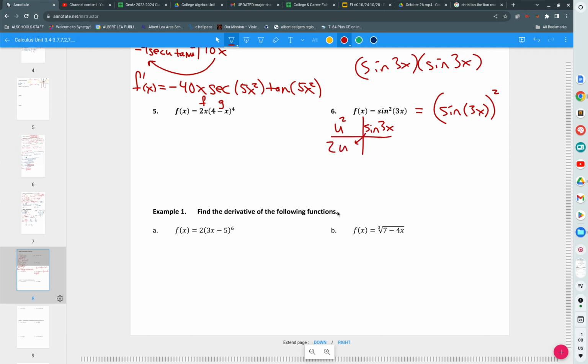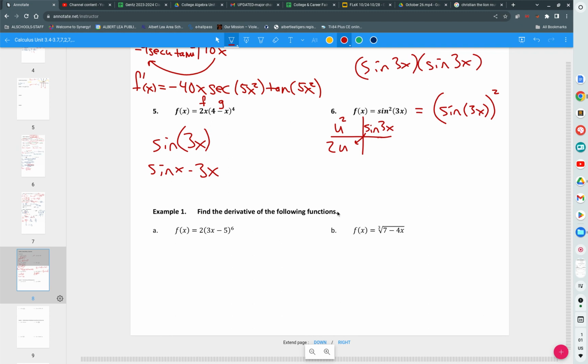The derivative of sine of 3x, doesn't that require us to use the chain rule? That's what I meant. Isn't that what we practiced yesterday? Like when I told you find the derivative of sine of 3x, remember I said the difference is when you see sine of 3x, that's the chain rule. If you see sine of x times 3x, that's the product rule. See the difference?